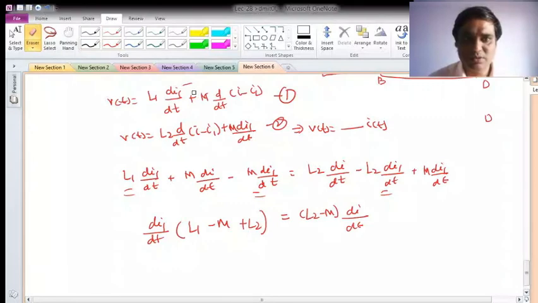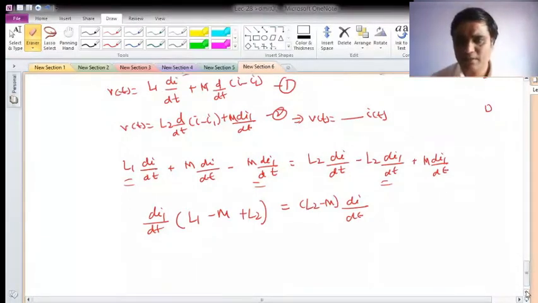This is not I1, that is what I thought. This is simply L1 di1 by dt, I'm sorry, so this is L1 di1 by dt plus M di by dt minus M di1 by dt. If we shift it here, now it is correct. So L2 di by dt minus L2 di1 by dt plus M di1 by dt.